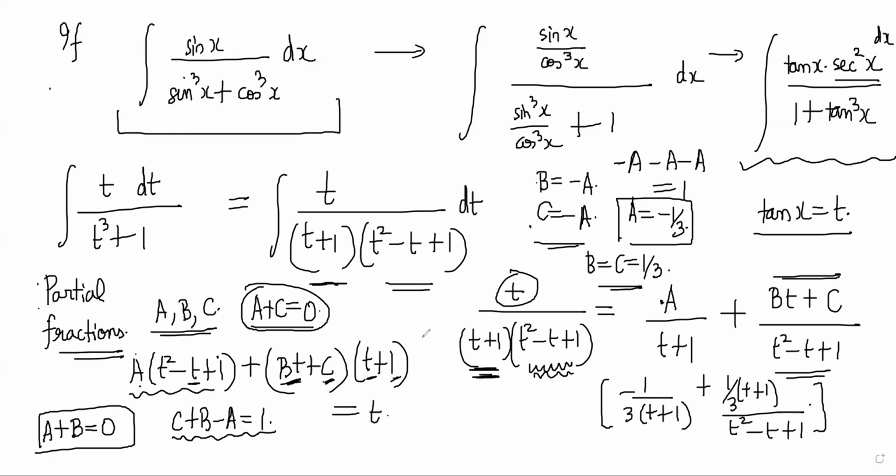Okay. Once you have split it, now it is very easy to integrate this one, right? It is directly ln t plus 1 times minus 1 by 3, right? The first part of it is very easy to integrate, correct? Yes, sir. Minus 1 by 3, 1 by t plus 1. Its integral is done.